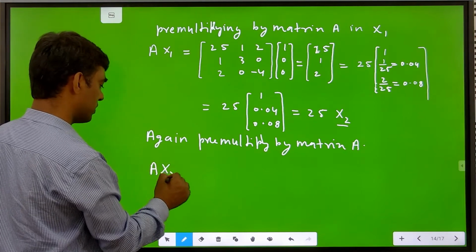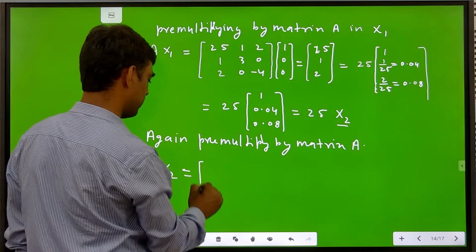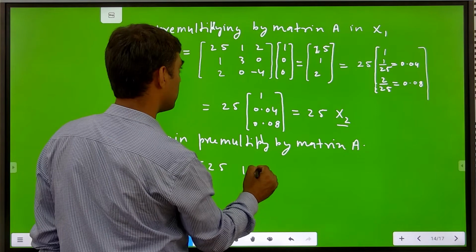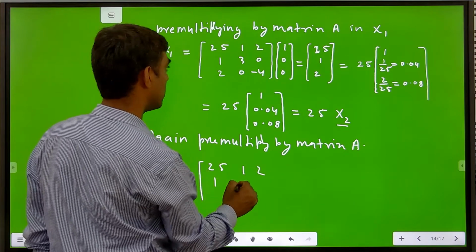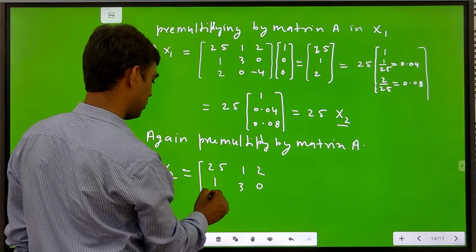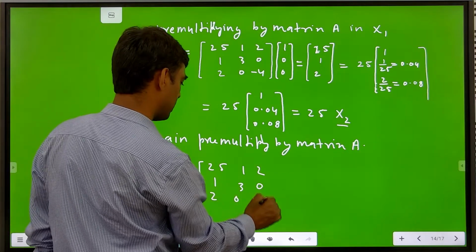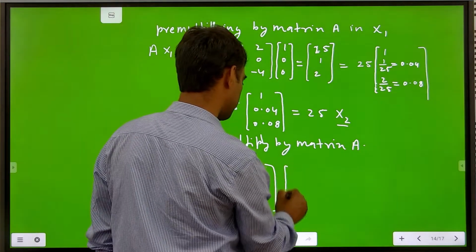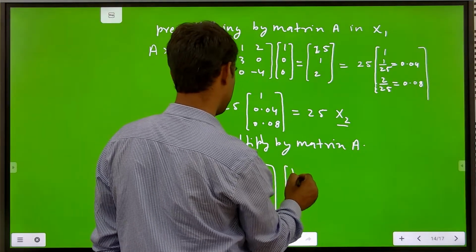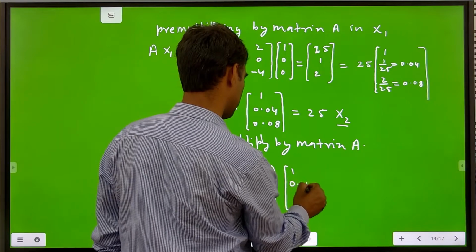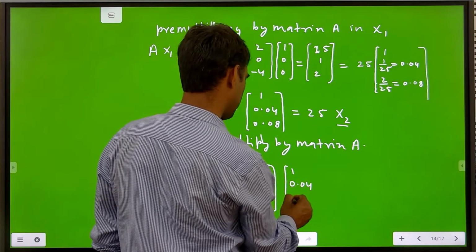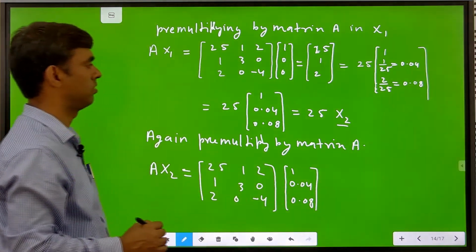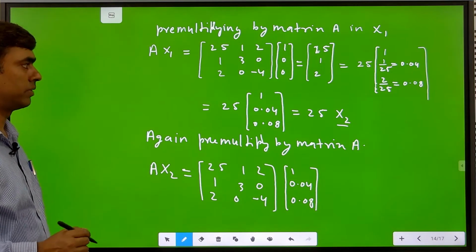Now Ax2 becomes: A is again 25 1 2, 1 3 0, 2 0 minus 4, multiplied by 1, 0.04, 0.08.